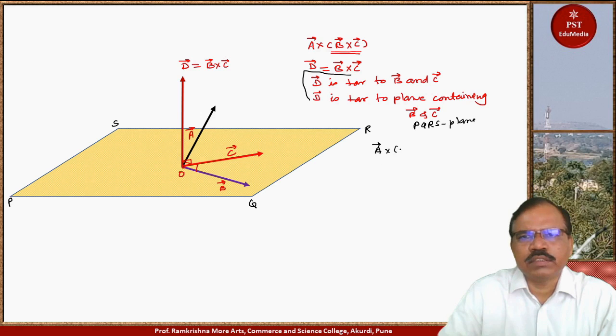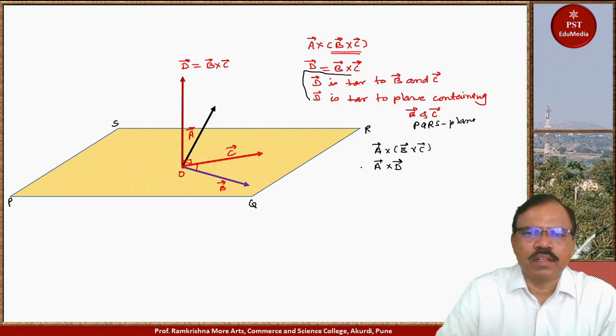So A cross B cross C is A cross D. Suppose we take this as vector E. What is the direction of E?